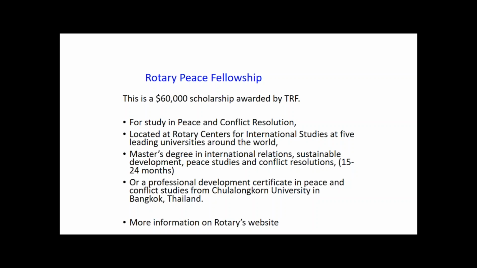But this is super competitive, so if you talk to somebody who might be interested in that, make sure that they've got the background that would make them a viable candidate for this kind of scholarship. And on RI's website, there's a lot of information about this and global grant scholarships as well. So if you're interested, you can go there too.